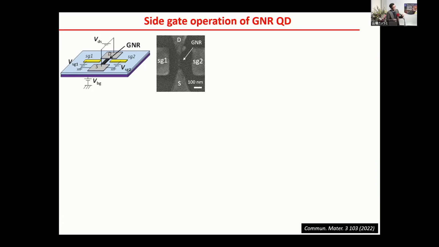So we put a side gate in this system, and this process itself is unique, because we designed the side gate before the plasma CVD together with the nickel nanowire and then just did the plasma CVD. Even after plasma CVD, this side gate survives. That's why we can use this side gate for tuning the carrier control without any post-treatment.